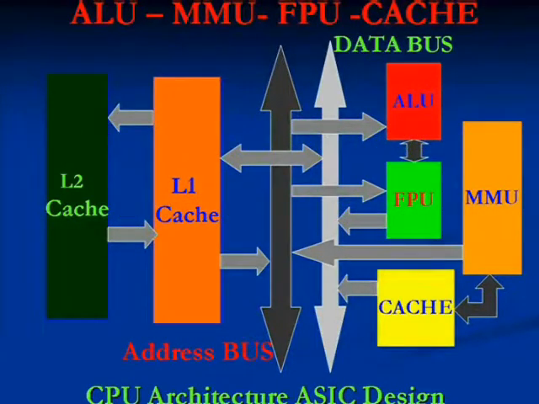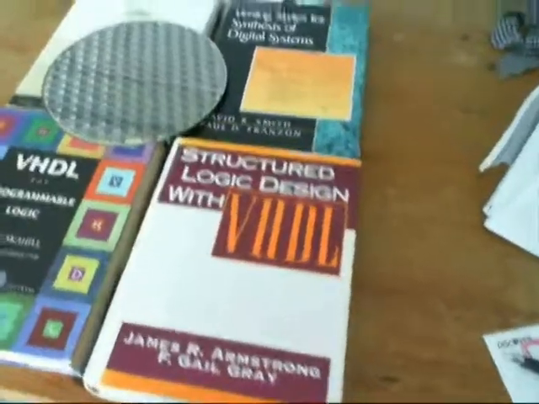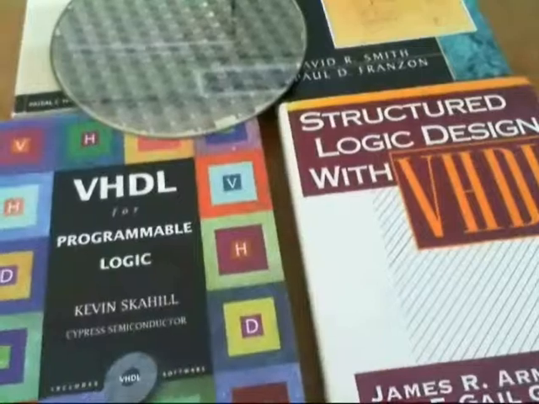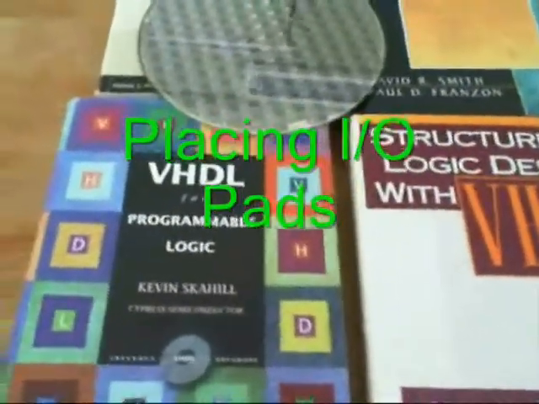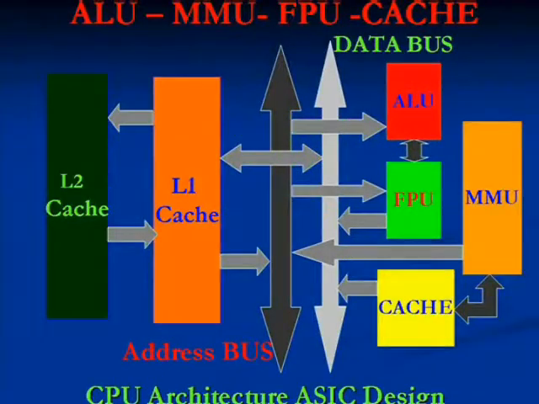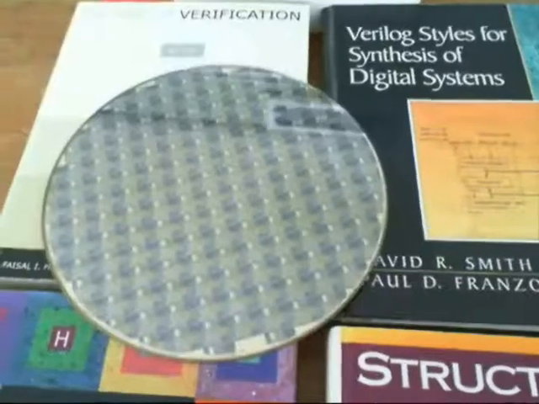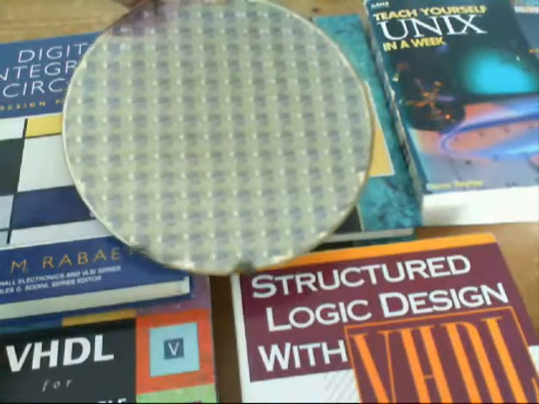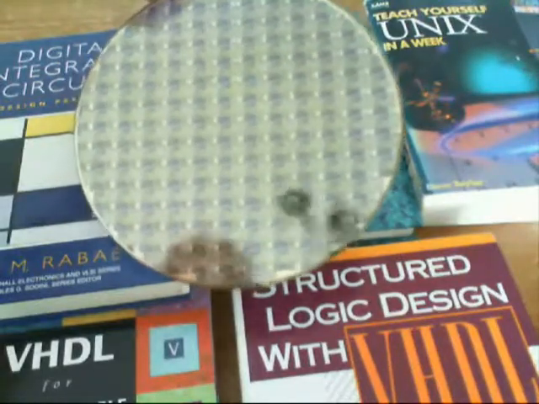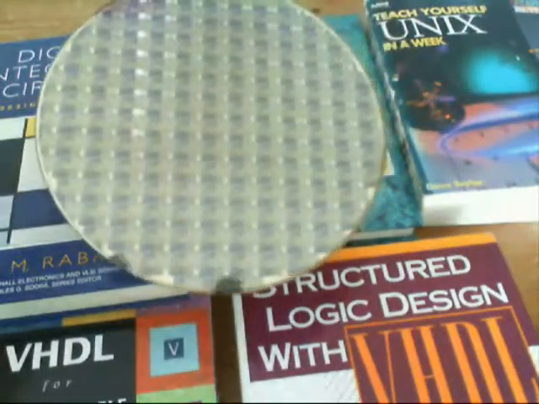The first step was to do floor planning, which is the process of placing the various blocks and the I/O pads across the chip area based on the design constraints. Then placement of physical elements within each block and integration of all analog blocks or the external intellectual property cores is performed.